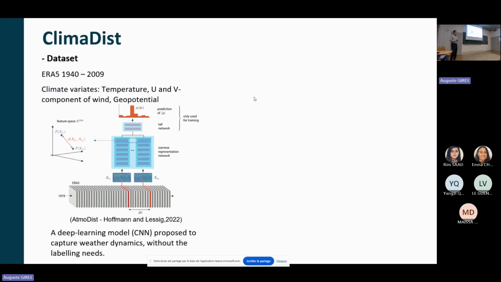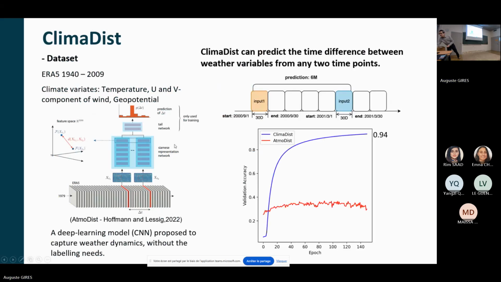In order to do that, we use a deep learning technique to develop a very simple tool we call ClimateDist. The concept is very easy. We develop a network, two exactly the same networks.